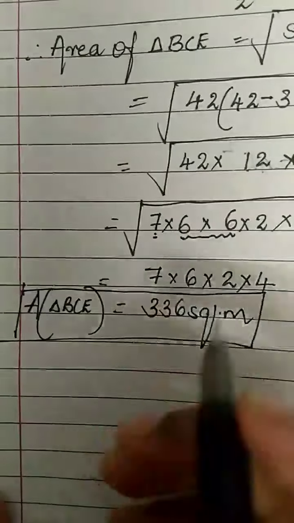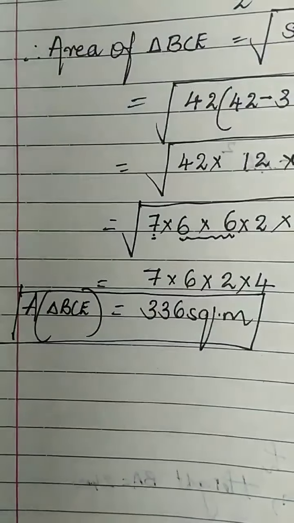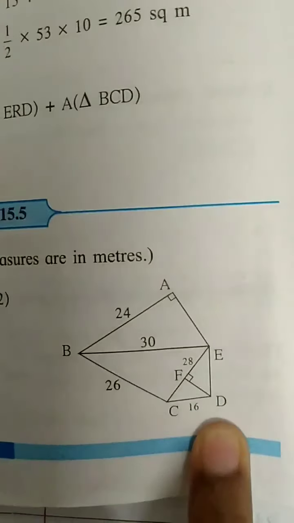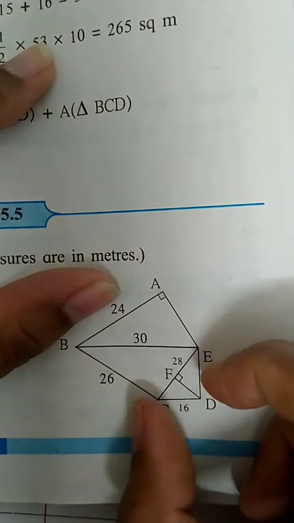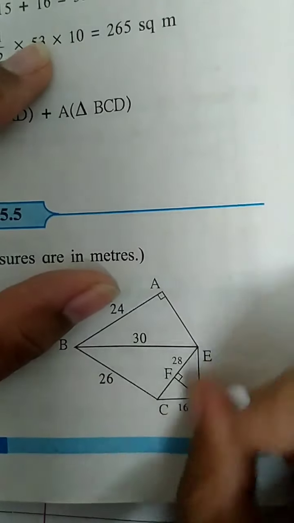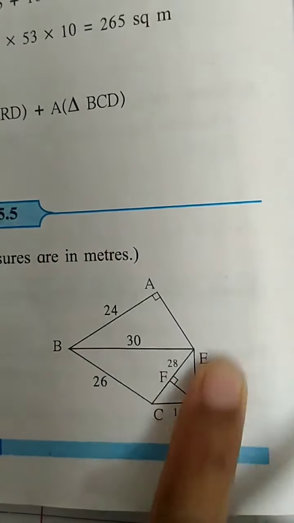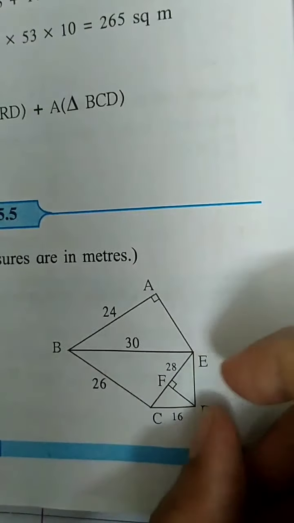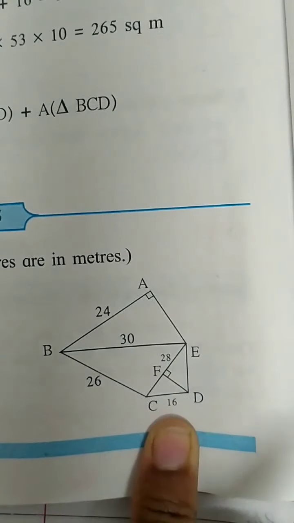Once we get the area of triangle BCE, now we have a small triangle left there. This small triangle, the name of the triangle is CDE, where you have the base as CE 28 and height is FD 16.